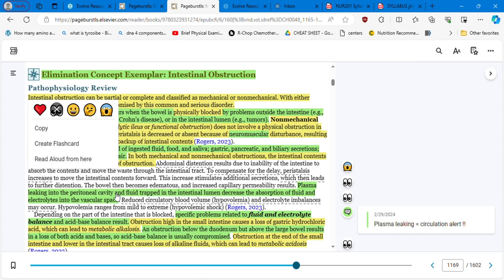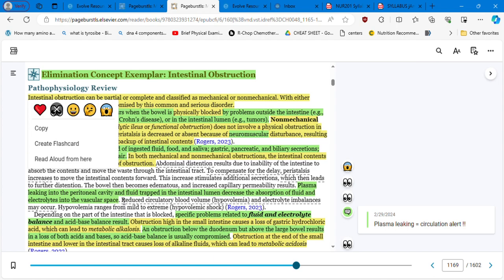and rigid. Okay, so now this content is going to start leaking into the peritoneal cavity, and fluid trapped in the intestinal lumen decreases the absorption of fluids and electrolytes into the vascular space.